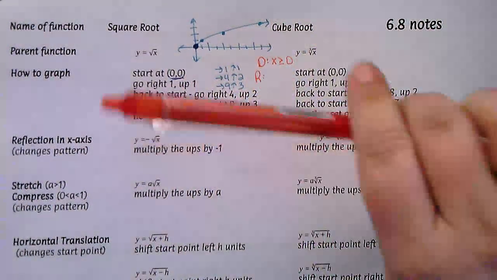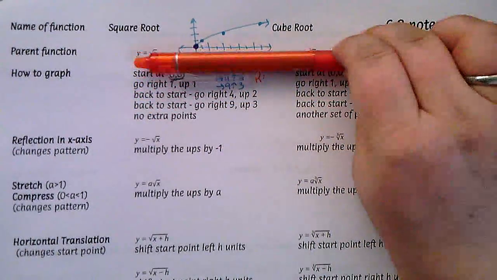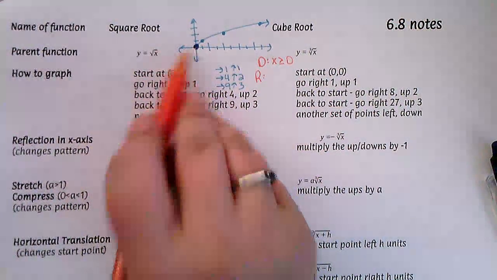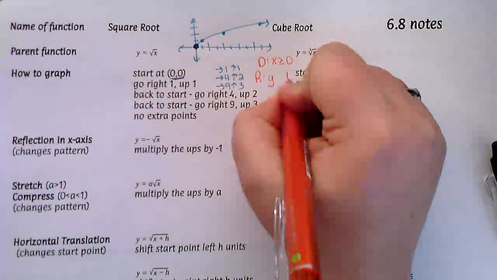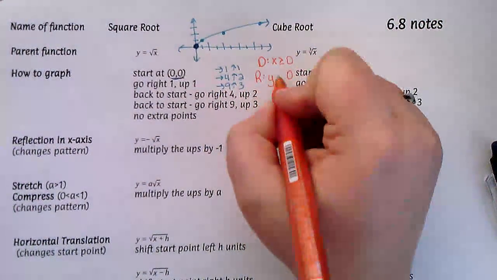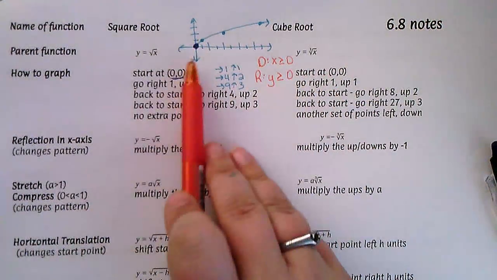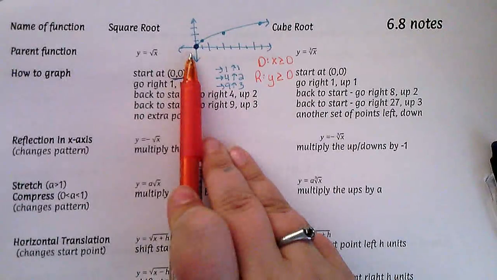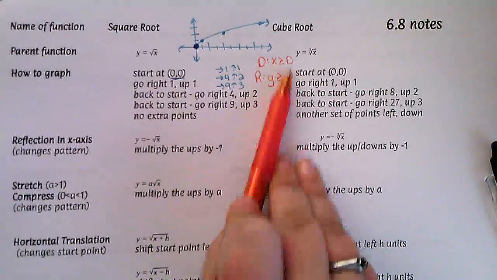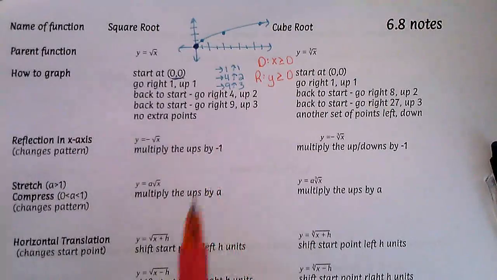Now for my range, I put my pen sideways and move up, and I hit my eyebrow right there. So I have y and 0, and then it goes up forever, so y is greater than or equal to 0. It's greater than or equal to because I actually have the point 0, 0 on my graph. So 0, 0 is my start point. It shows up again in my domain and range. You'll notice that as we go further.